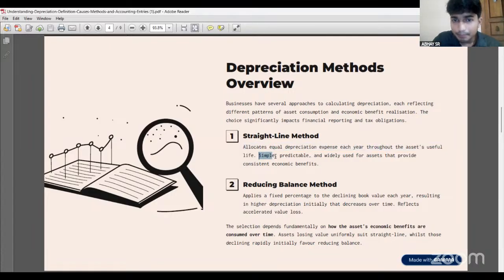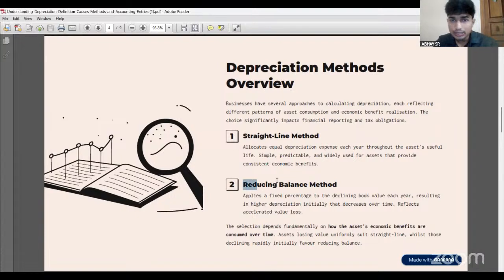It's simple, predictable, widely used for assets that provide consistent economic benefits. It's simple as the calculation is really simple, and once done, we don't have to repeat that unless there is a change in useful life or something. Easily predictable because once we calculate, it's the same throughout the other years. And widely used for assets that provide consistent economic benefit. If a product is giving the same revenue, same purpose, we can use straight line method.